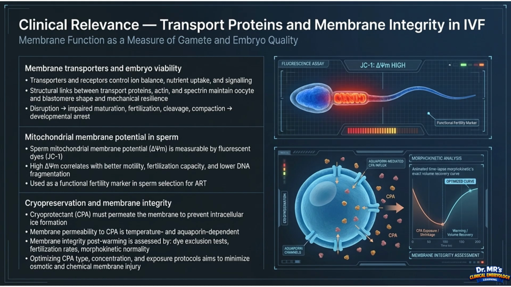Sperm with high mitochondrial membrane potential show better motility, higher fertilization capacity, and lower deoxyribonucleic acid fragmentation rates. This makes mitochondrial membrane potential a functional fertility marker applicable to sperm selection for assisted reproductive technology, a practical tool for going beyond standard motility and morphology assessment.